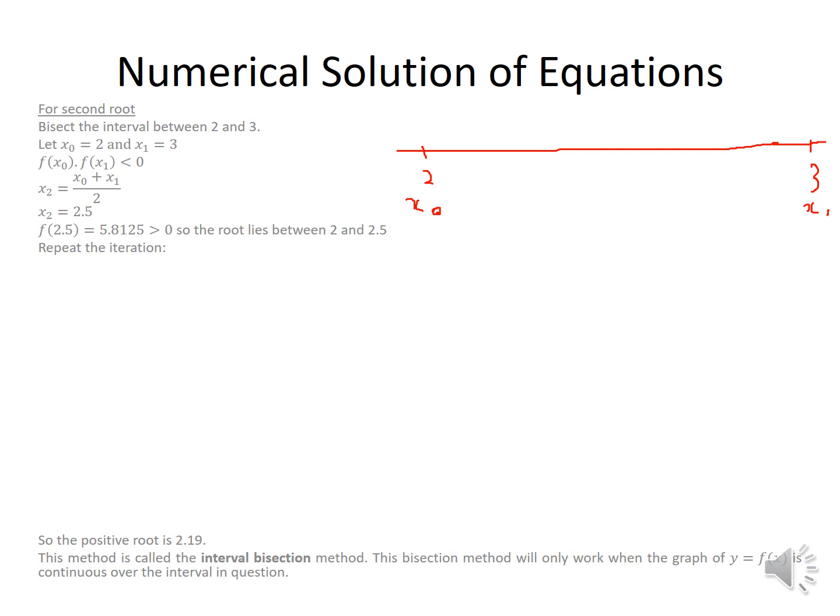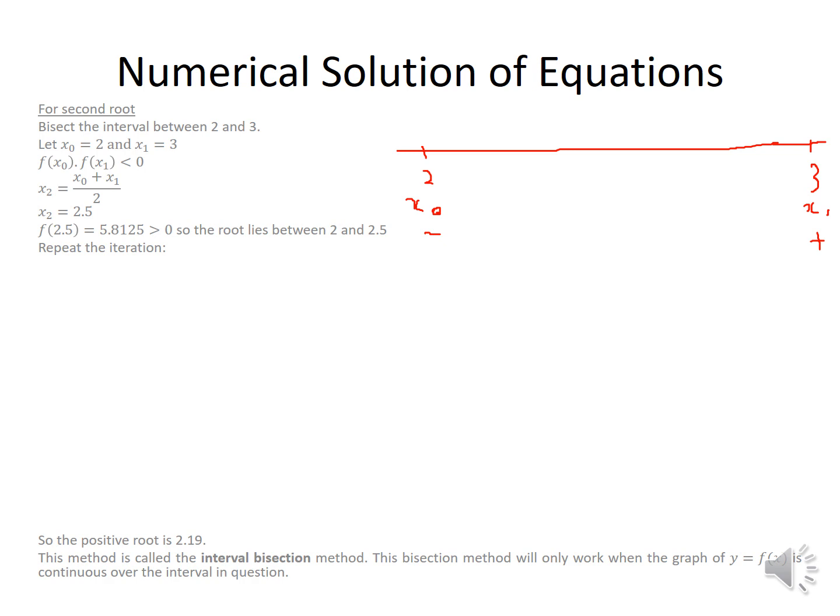From our table, our output at x equal to 2 is negative, it is -2. And the output for x equal to 3 is positive. So meaning that the root is between 2 and 3, and f(x0) multiplied by f(x1) is negative. So you can start to approximate the root between 2 and 3.